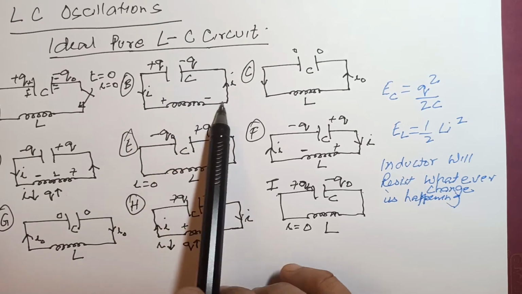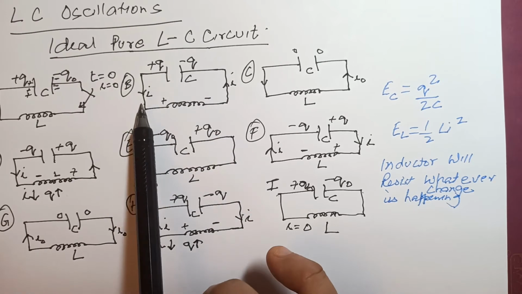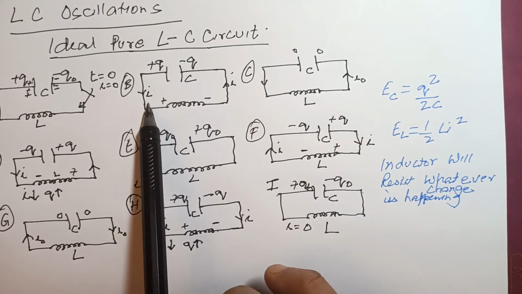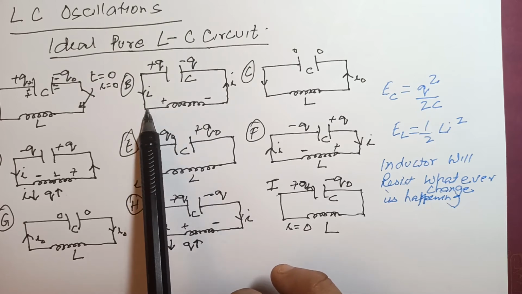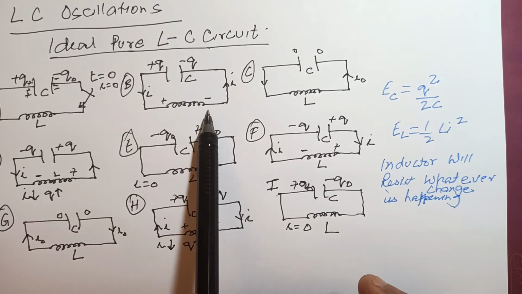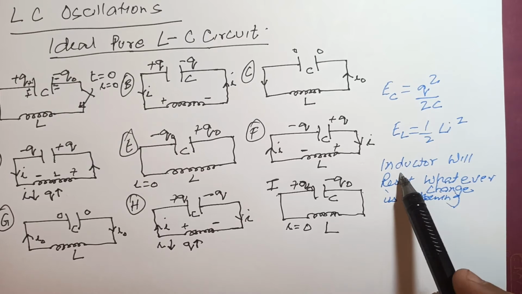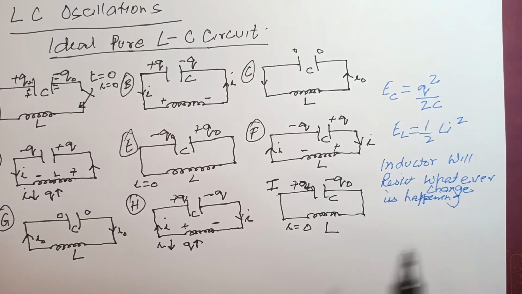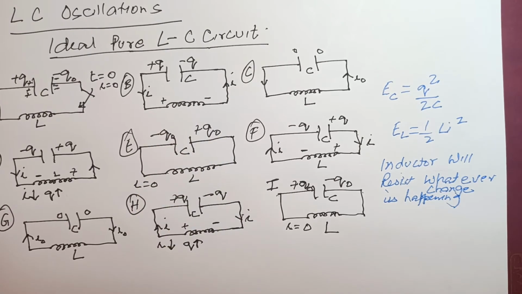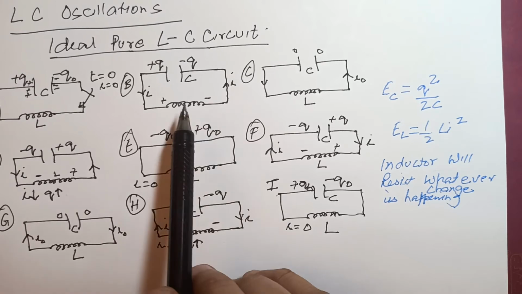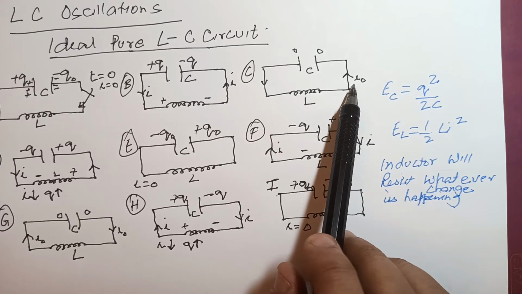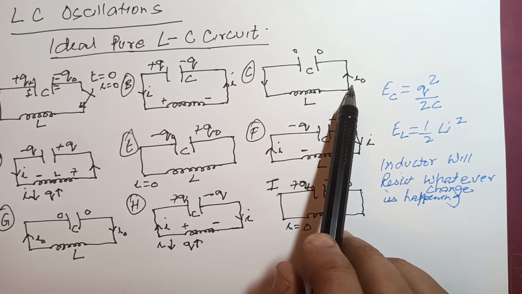When the current starts flowing, it increases gradually from I to I naught in this direction, so the inductor will work opposite to it. The inductor resists whatever change is happening, so a battery will be created with positive here and negative here, and that is why it is taking time. However, in due course, it will reach the maximum current.